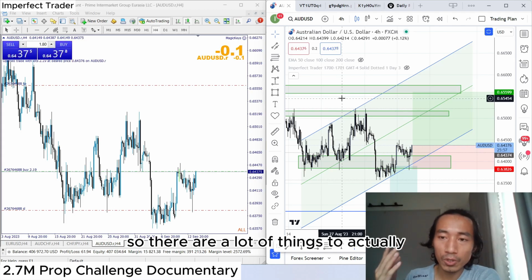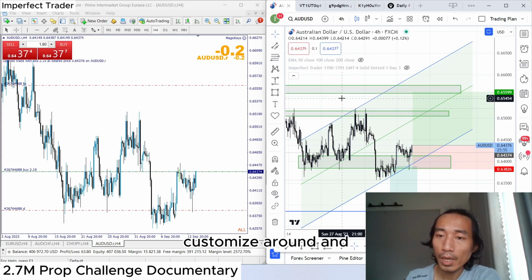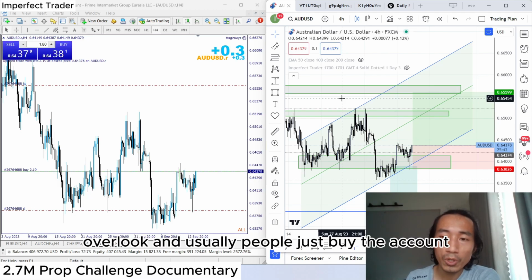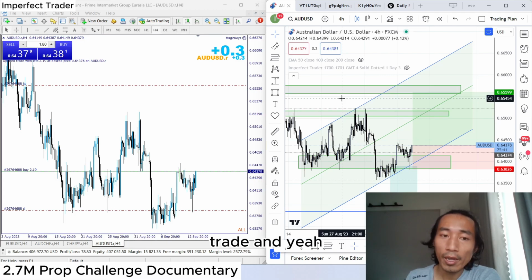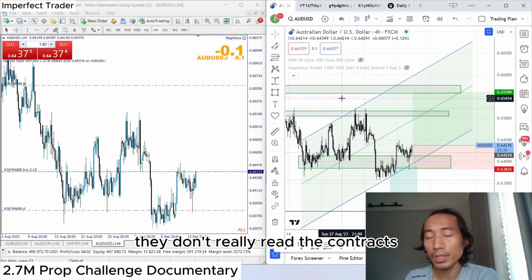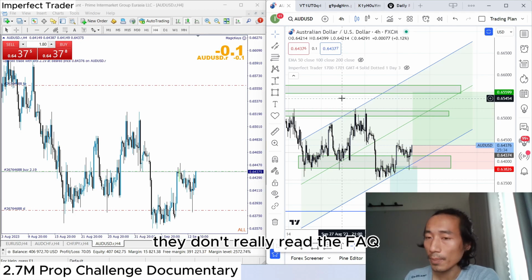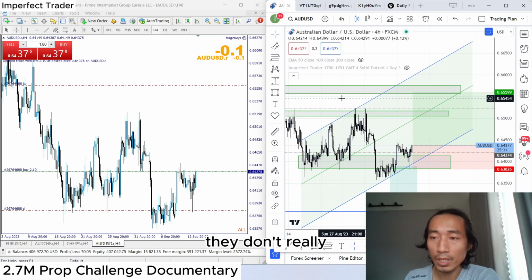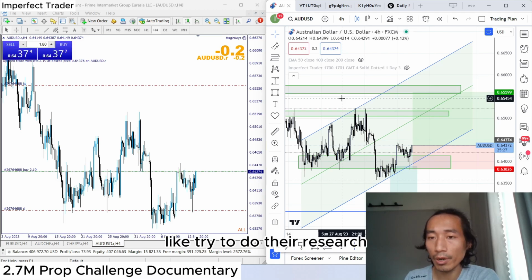So there are a lot of things to customize, to play it safe and just trade well, to be honest. These things are very overlooked, and usually people just buy the account, trade, and just do their thing. They don't really read the contracts, they don't really read the FAQ, they don't really do their research.